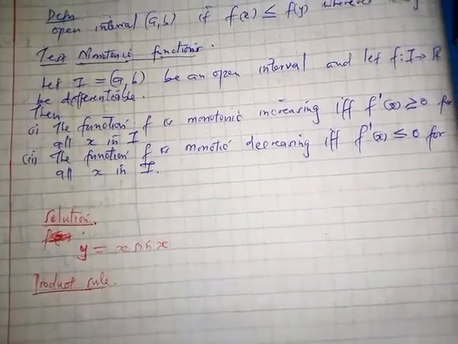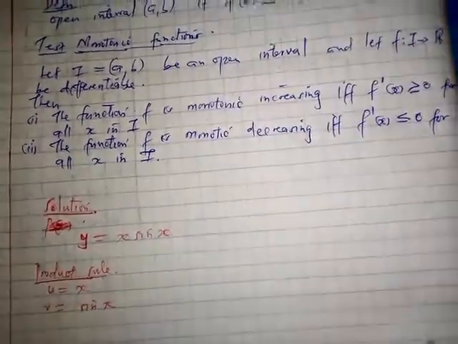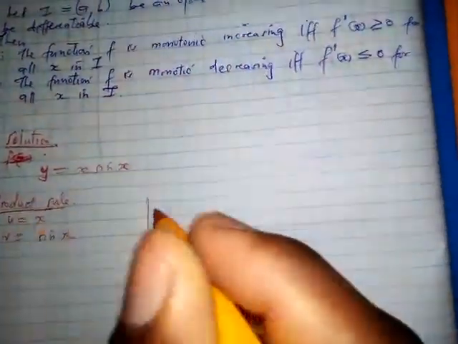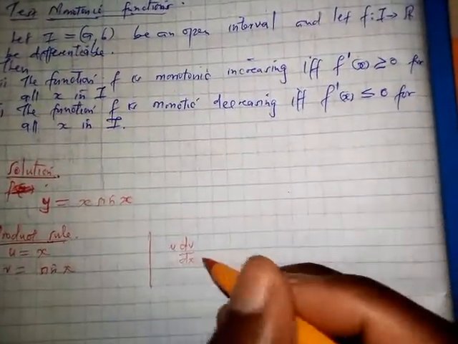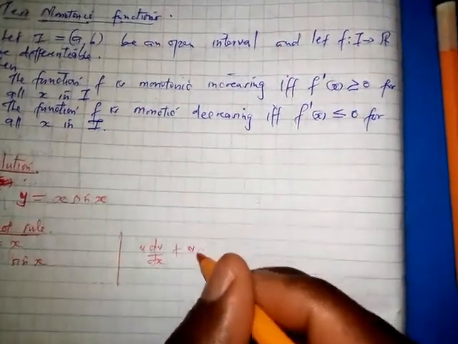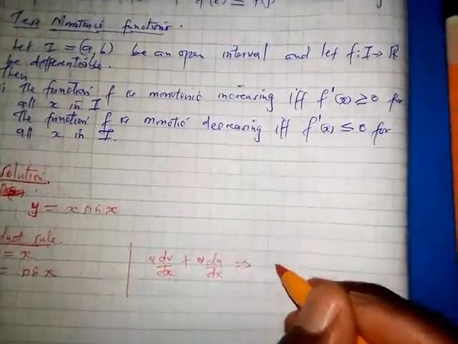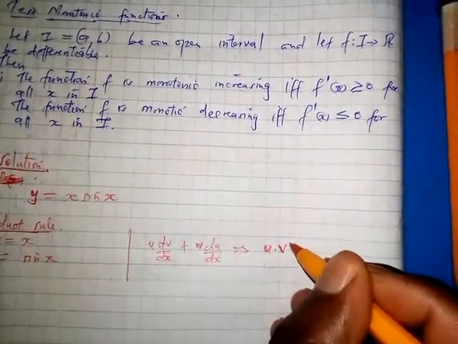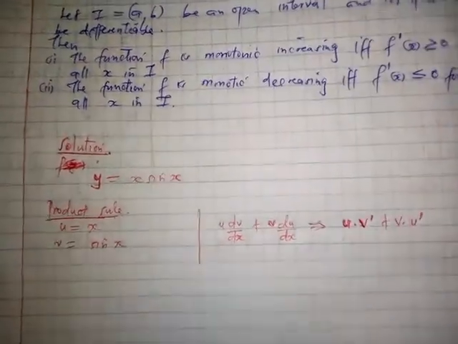We take our u to be x, then v to be sin x. Remember, the product rule says that d/dx of uv is u times the derivative of v plus v times the derivative of u. That's what we call the product rule.